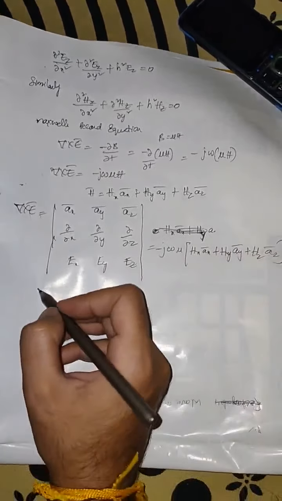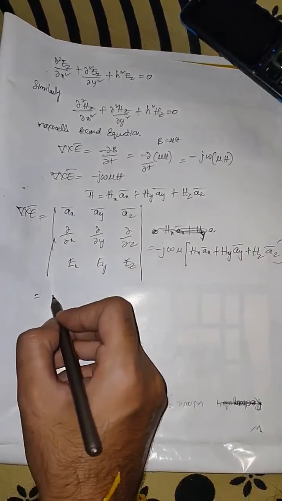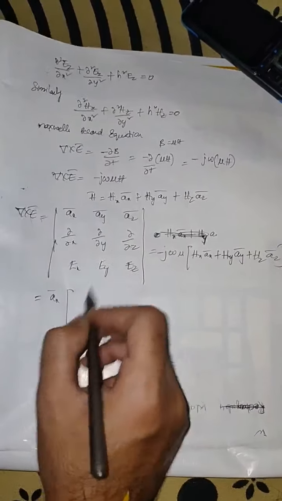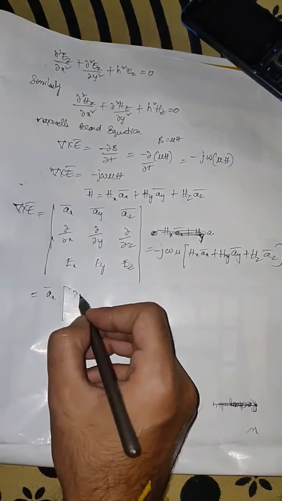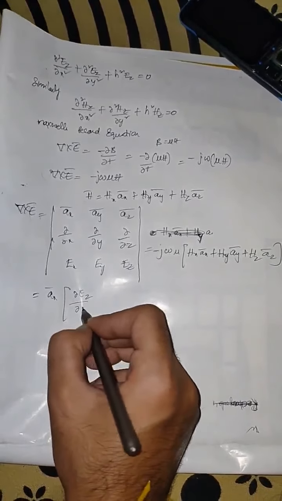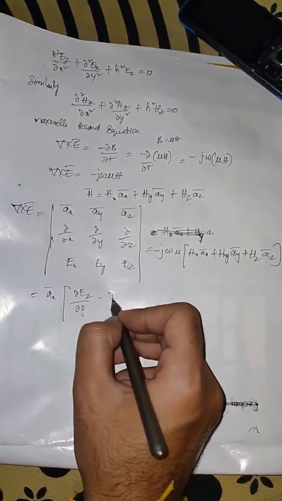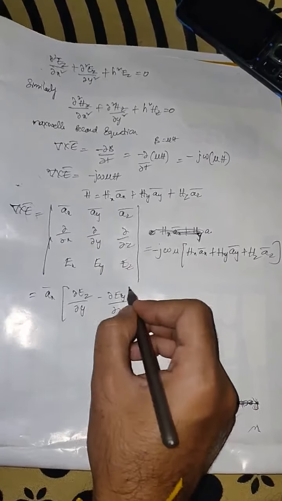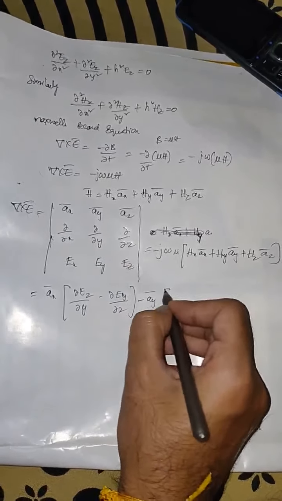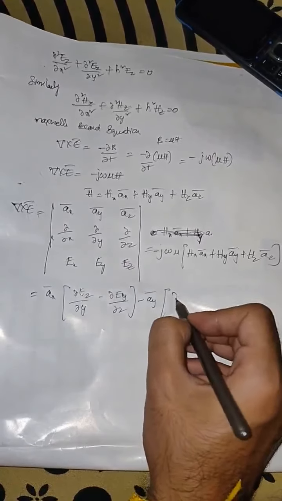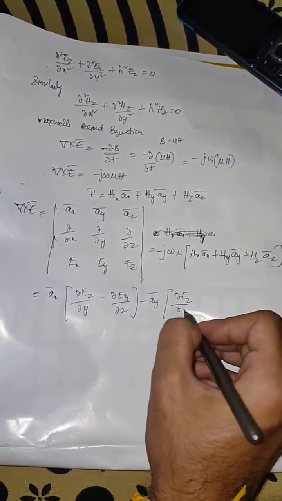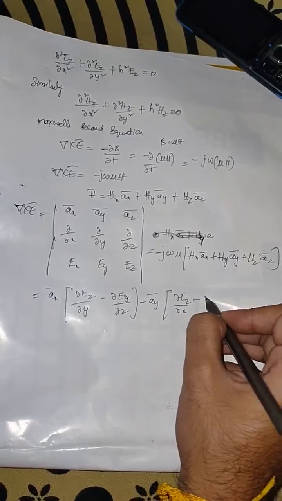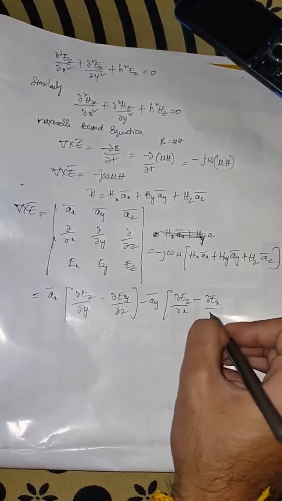Okay, if you take ax in this, we get ∂Ez/∂y minus ∂Ey/∂z. Minus ay, then ∂Ez/∂x minus ∂Ex/∂z.